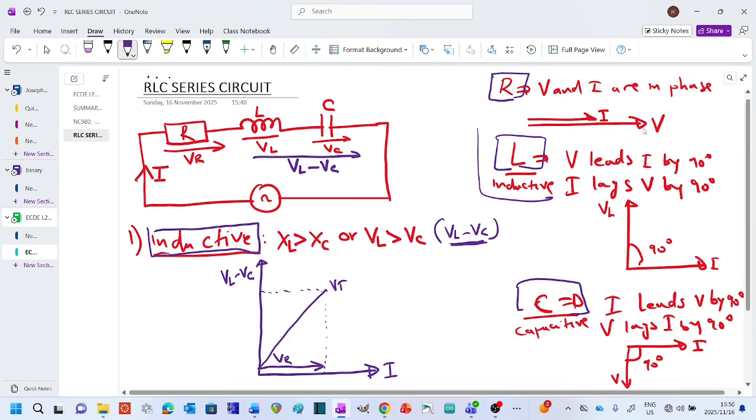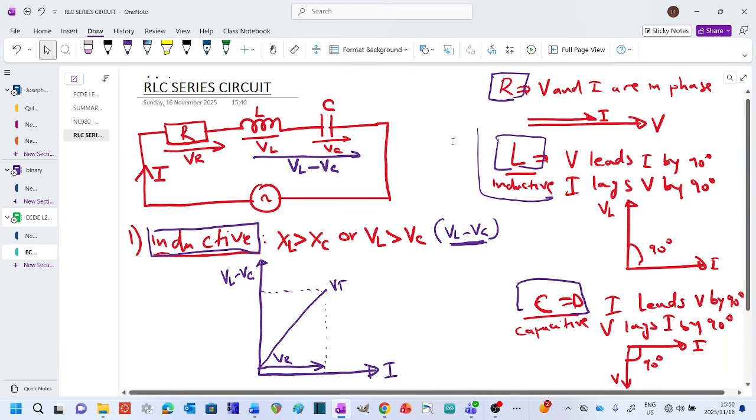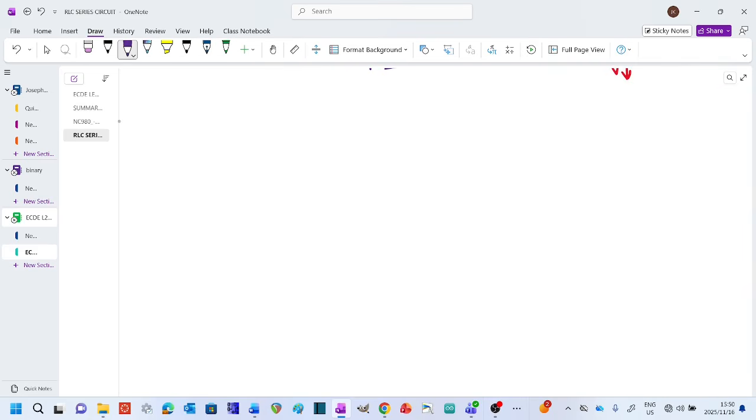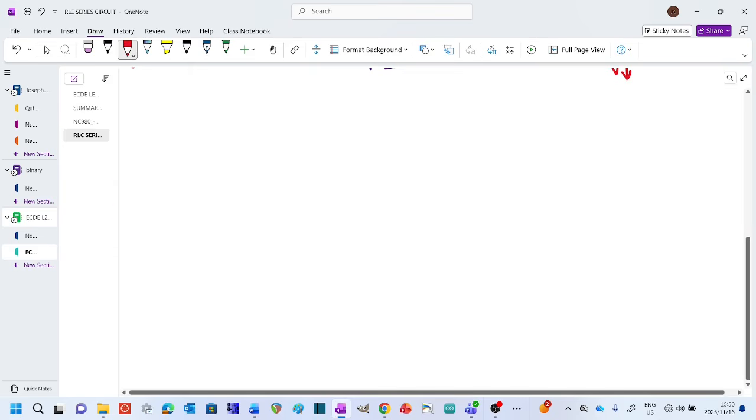What if the R, L and C in the circuit give us a capacitive circuit? Let me go back to the color red.